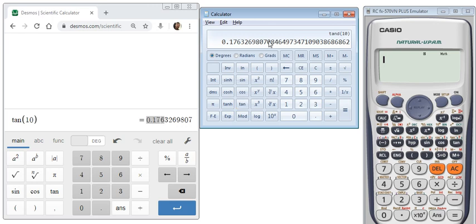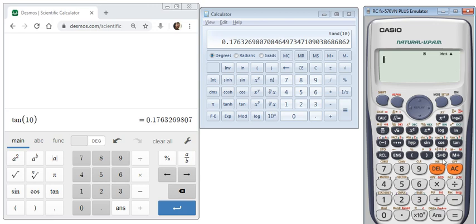Of course here we have more decimal places, but the number is actually the same. And for scientific calculators, for physical ones, we also start with the function tangent, and then we type the angle, and here it is, the tangent of the angle 10 degrees.